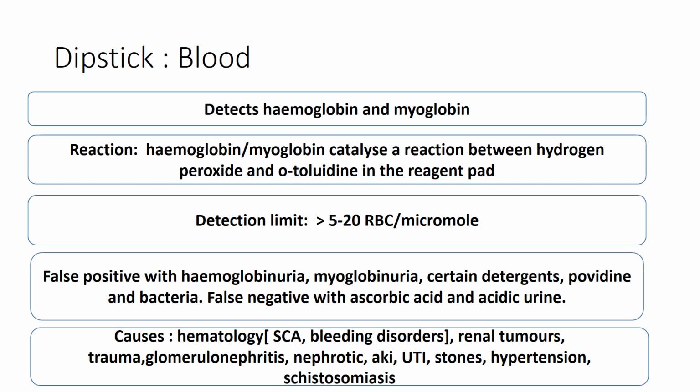And then the next parameter is blood. So here it's important to remember that when the dipstick comes out positive for blood, it may be detecting either hemoglobin or myoglobin. What's happening is that the heme molecule catalyzes a reaction between hydrogen peroxide and o-toluidine, which is present in the reagent pad.